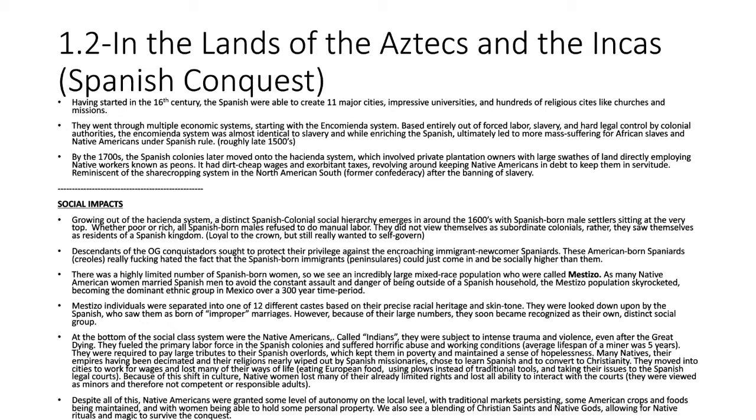Awesome. Okay, so starting in the 16th century, with their conquest, the Spanish are later able to create around 11 major cities, tons of impressive universities, hundreds of religious sites, churches, cathedrals, missions.